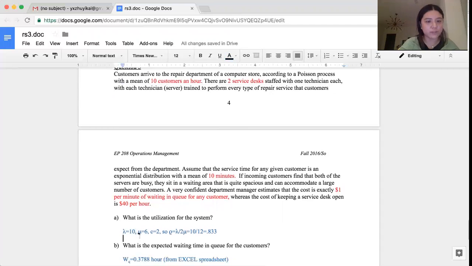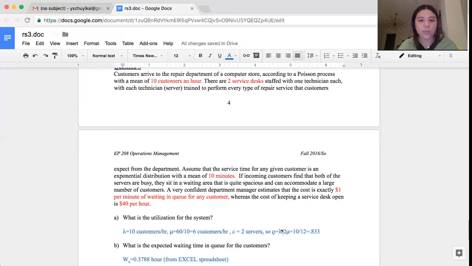And we know the service rate is 60 divided by 10 equals 6 customers per hour, and we have two service providers, servers.